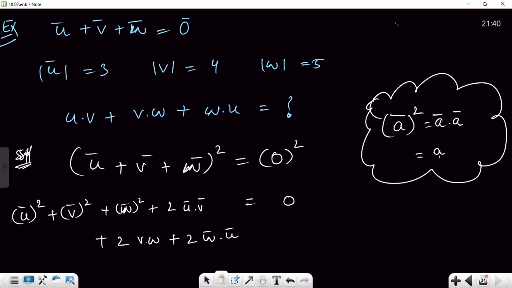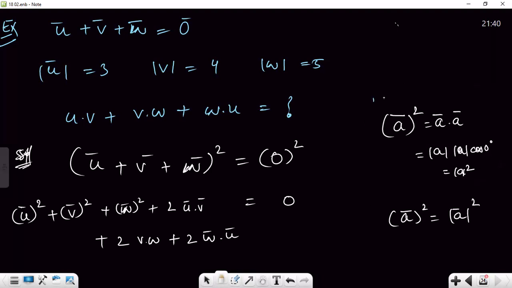So it's actually the magnitude of a times the magnitude of the other vector times cos of 0 degrees, which is 1, which becomes the magnitude's whole square. So a vector's square is actually the magnitude square. It is just the same. That's one concept you can take note of.